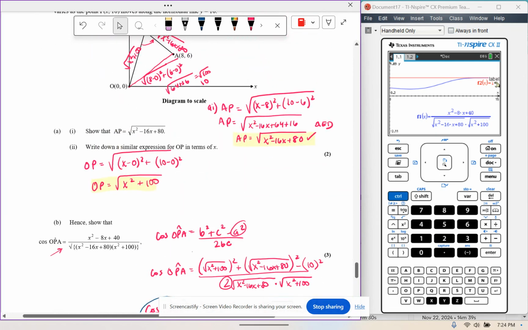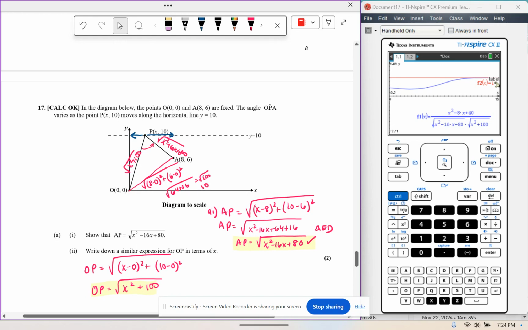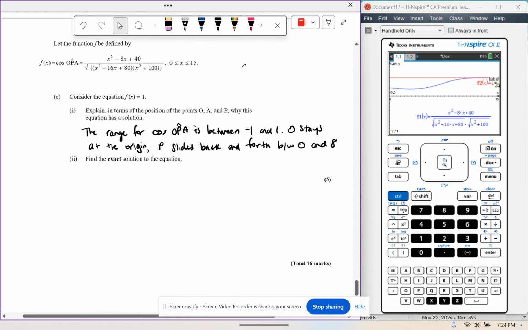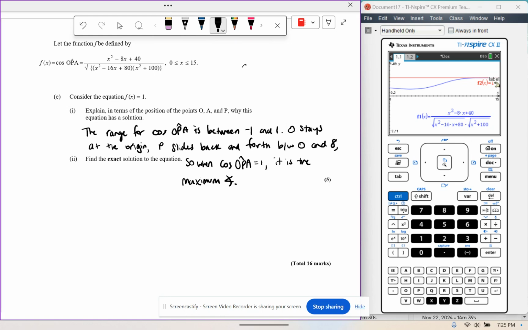Look at the picture. So when the cosine of OPA equals 1, it is the maximum. And you can see that by looking at the graph: f of x equals 1 is going to hit right at the maximum of the blue graph.